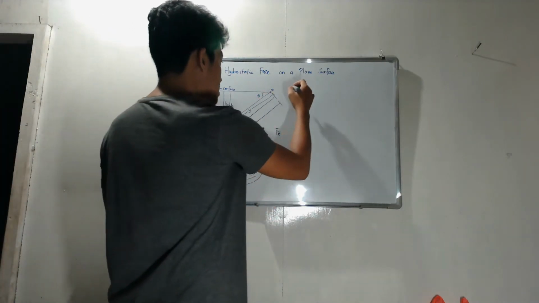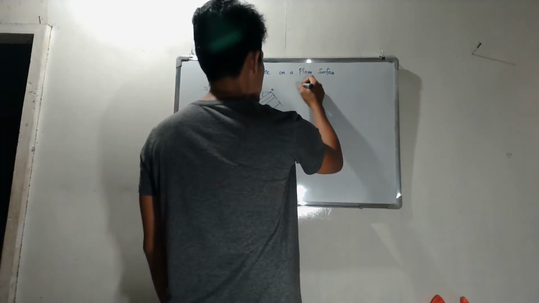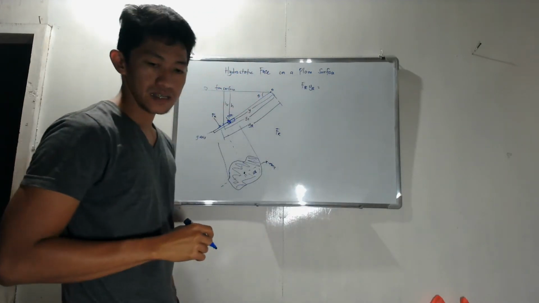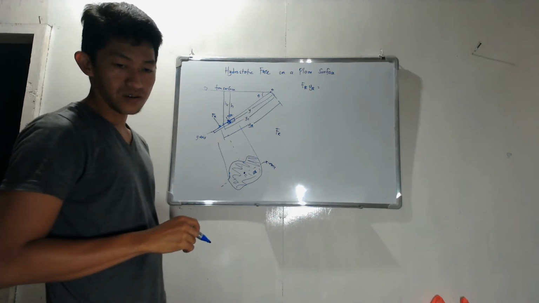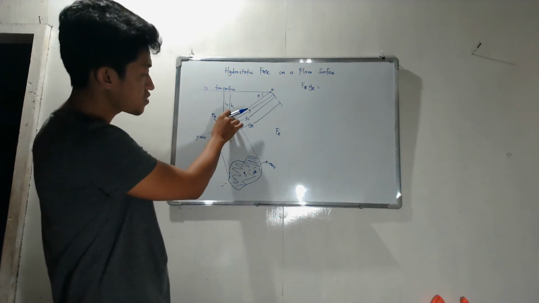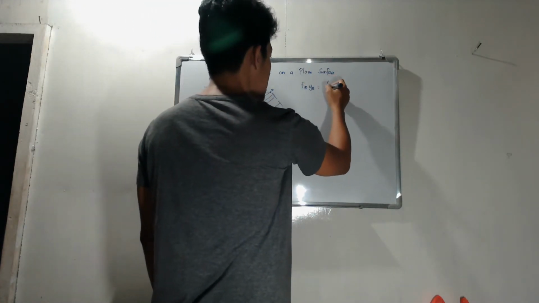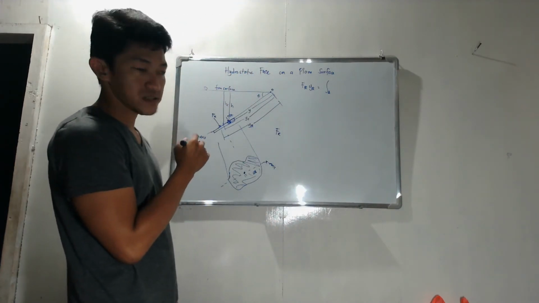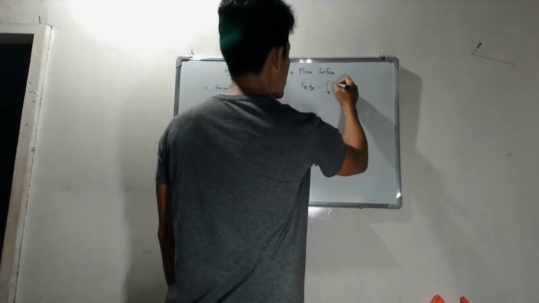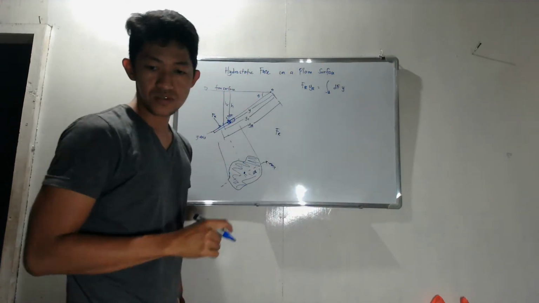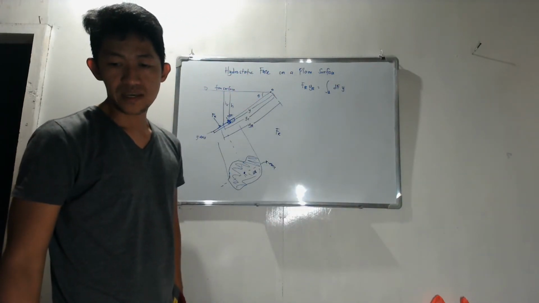So if you sum the moments, you will get that F r times y sub r is equal to, again, the integral of the force, df, times y.